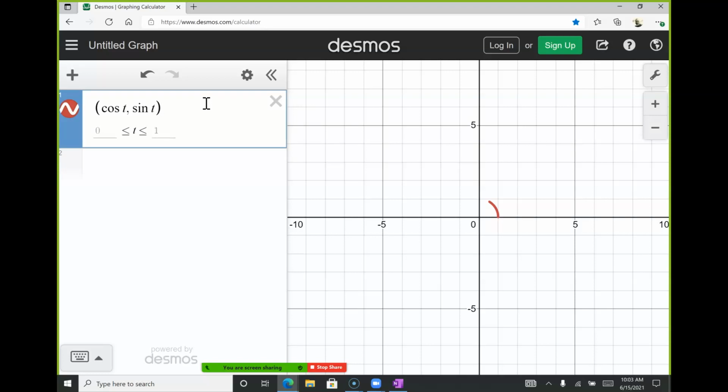And so you can see it's starting my circle here. From 0 to 1, it's starting my circle. If I go to 0 to 3.14, you see a half of my circle, right? And then if I go all the way to 2 pi, you can see the whole circle, right?